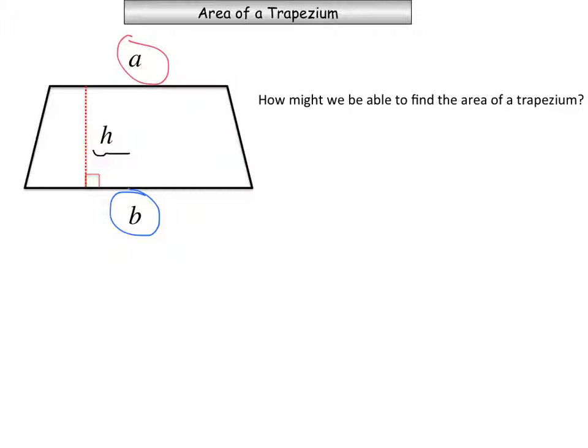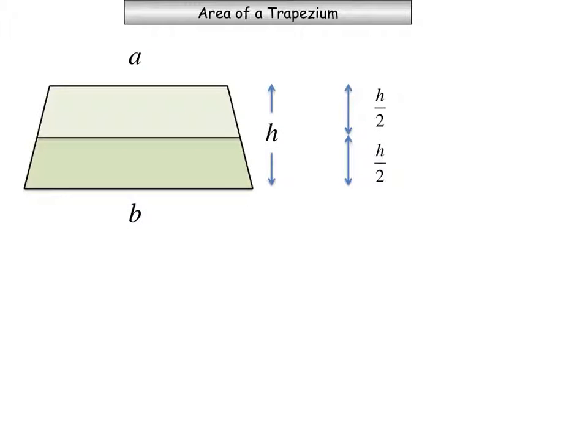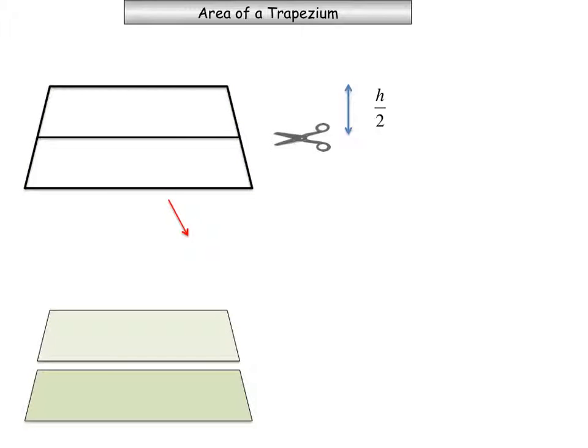So let's think about what we could do to this shape to make it look like something we've seen before. If we cut the trapezium in such a way that we have a half H, so this particular length there is half H, and this length here is also H on 2, or a half H. If we get a pair of scissors and cut along that line, we can look at what we can do to the two different trapeziums, or trapezia.